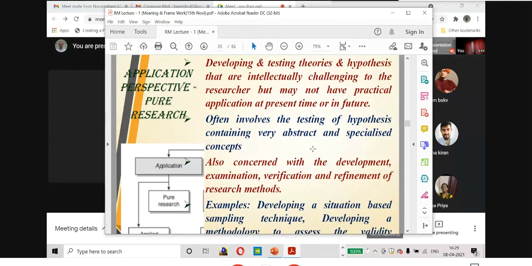So that means in the immediate present or immediate future it may not have any application, but it provides a platform for carrying out studies at a later stage. So it forms the foundation. It provides the basic knowledge. So that is pure research.